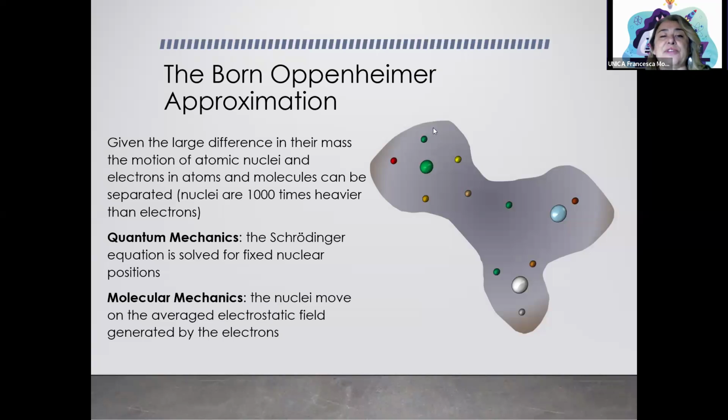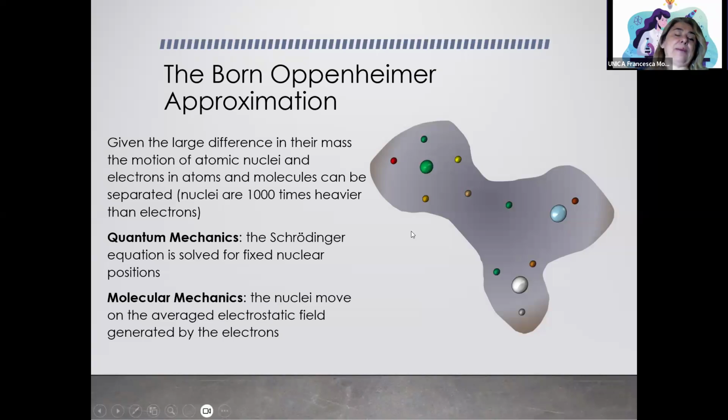Given the large difference in the mass between nuclei and electron, here in this picture represented very roughly with particles that do not actually give the idea of the difference in size and in mass, because electrons are 1,000 times lighter than nuclei, we can separate their motion.